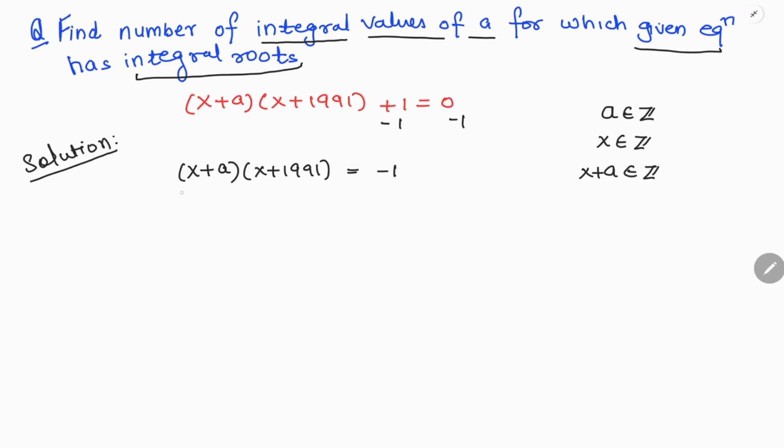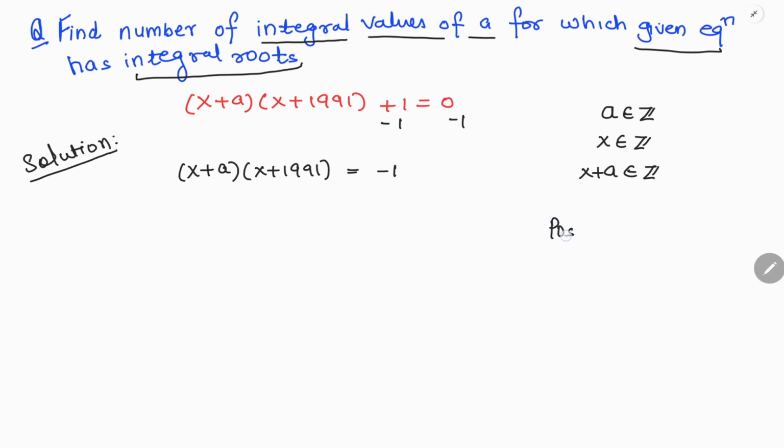Now look at this. We know this is an integer, right? And this is an integer because x is an integer. So x plus 1991 will also be an integer. That means this equation is telling you that the product of two integers is -1. Now what are integers?